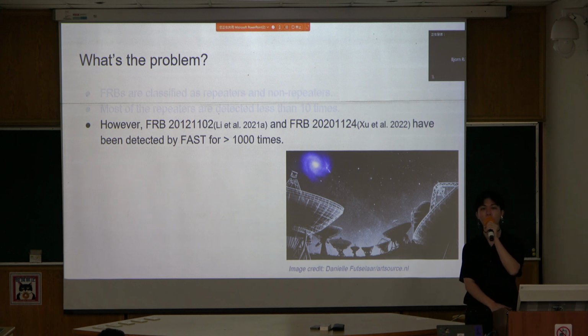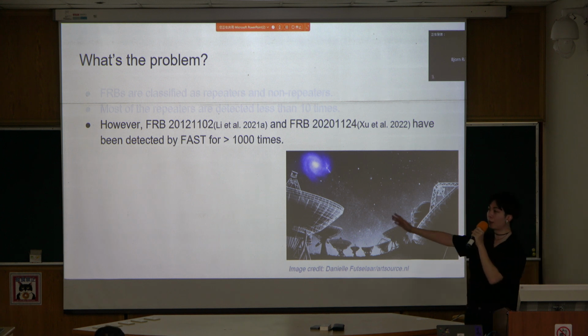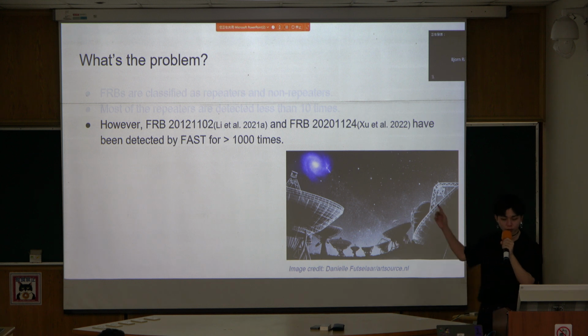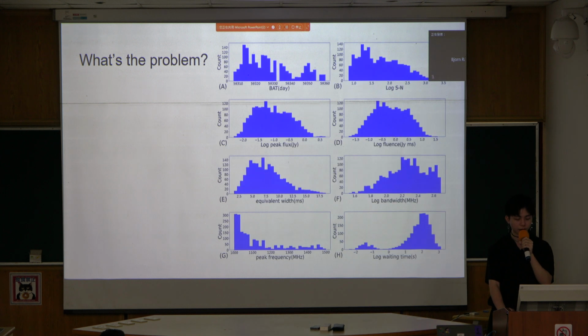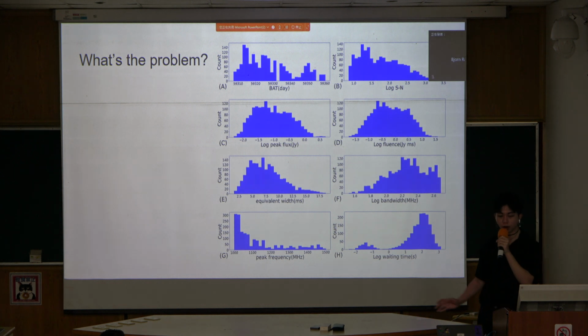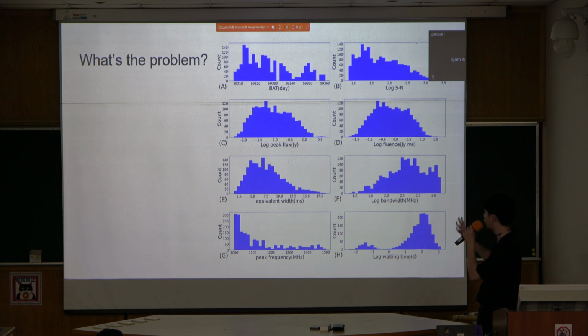These two FRBs are very special, so they are the targets we analyze here. And FRB 20121102 has been analyzed by Jasper, the last speaker, so this research is focusing on FRB 20201124. Okay, so we are analyzing these 2 FRBs. But here, we have a problem. If we plot all the physical parameters we can obtain from the FAST catalog, we see that it is actually very difficult to do a manual analysis.